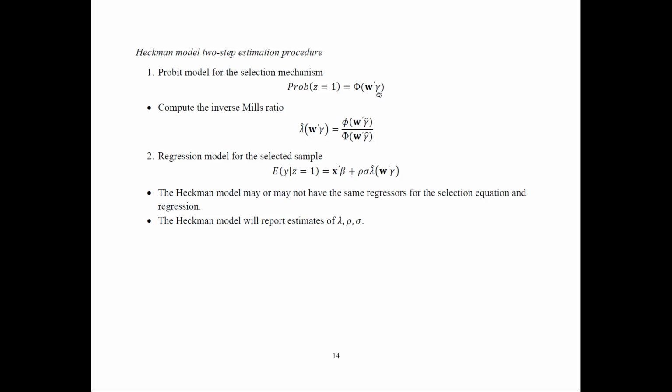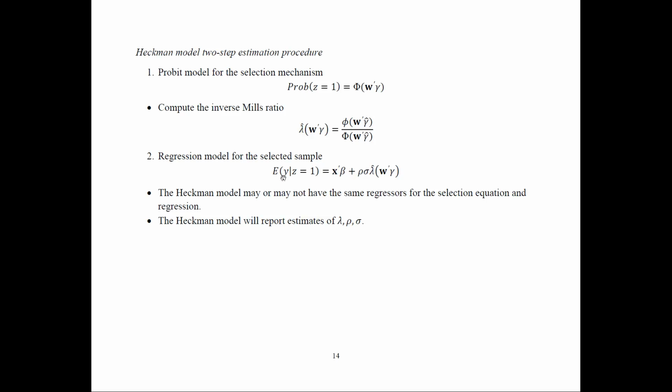The procedure is that we estimate the inverse Mills ratio coming from this probit model, using the PDF and the CDF of the normal distribution. And then we use this correction factor, the inverse Mills ratio, in the second step, which is a regression model for the selected sample.